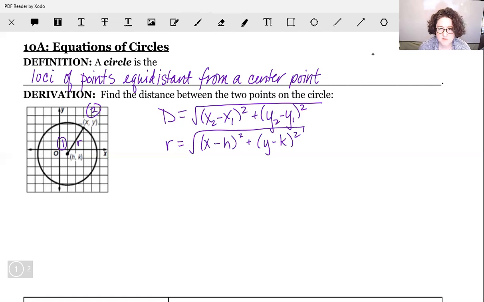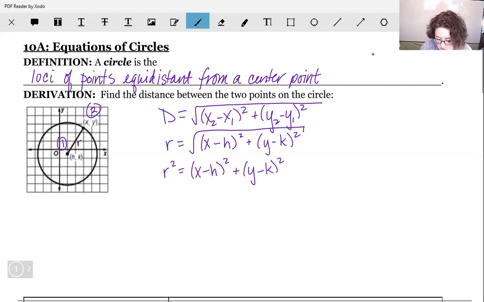Well, to undo a square root, just square both sides, kind of like what we do for simplifying the distance formula or solving for the opposite of the Pythagorean theorem. So squaring both sides, we're going to have r squared equals, and that just gets rid of the square root: (x minus h) squared plus (y minus k) squared.